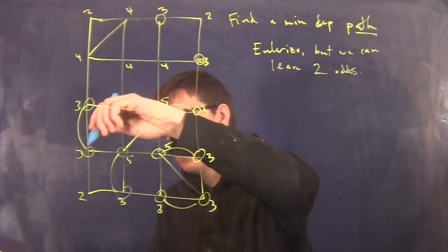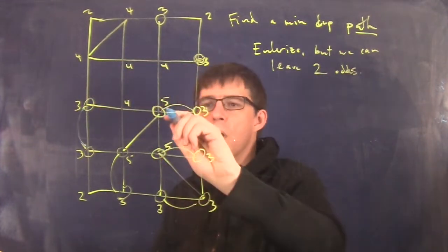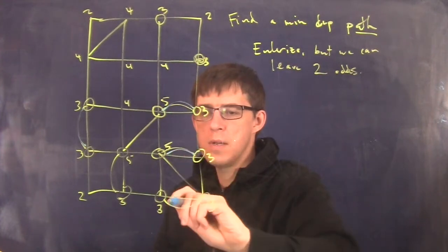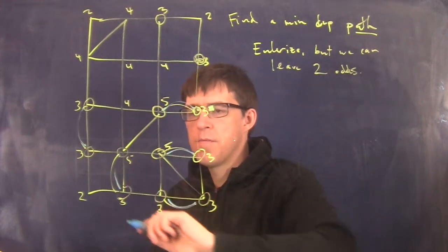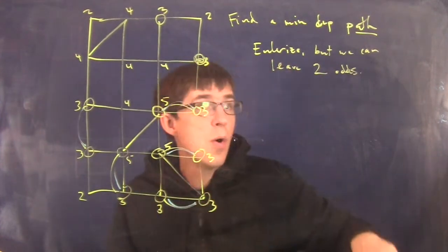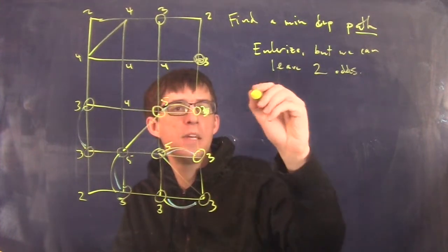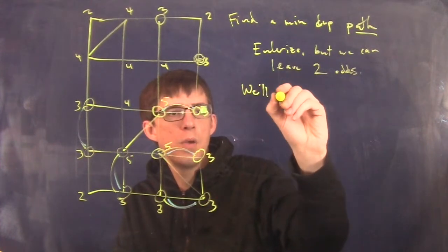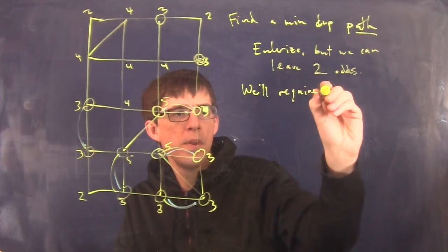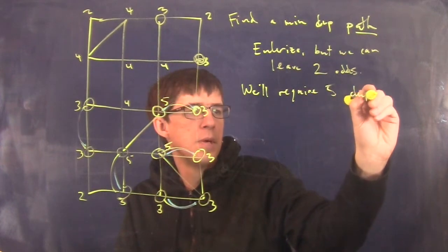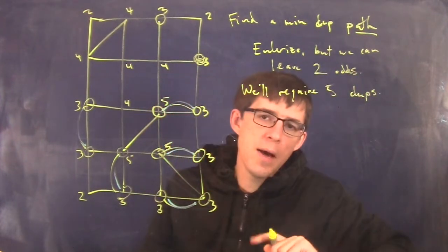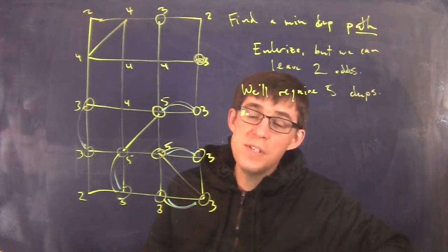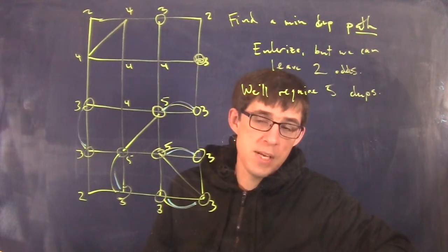I should have done these in another color so we can see. 1, 2, 3, 4, 5 duplications. So in this case, the minimum duplication path will require 5 duplications. That means the parade has to go down streets it had already visited 5 times.